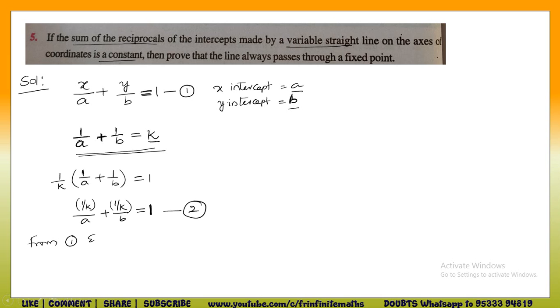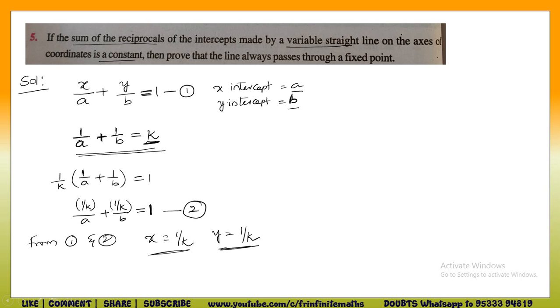So x is equal to 1 by k and y is equal to 1 by k. Since k is a constant, 1 by k is also a constant. So x equals 1 by k and y equals 1 by k are the values through which my given line passes.